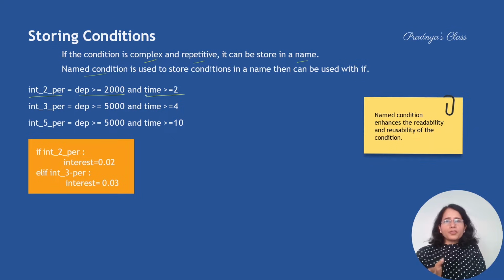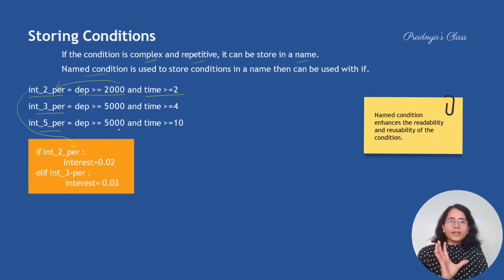If both the conditions are satisfied, then we will get the interest 2%. Similarly, here we are getting interest 3%, here interest 5%. So we store these conditions in one variable. So later we can just mention these variable names here instead of writing that complicated condition.